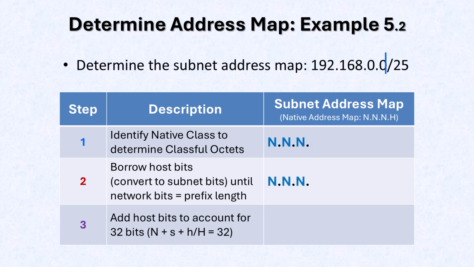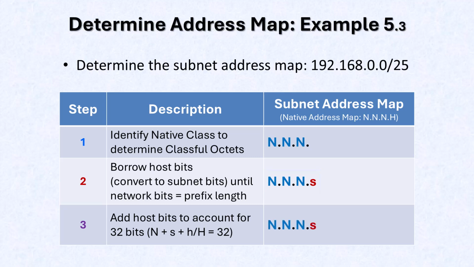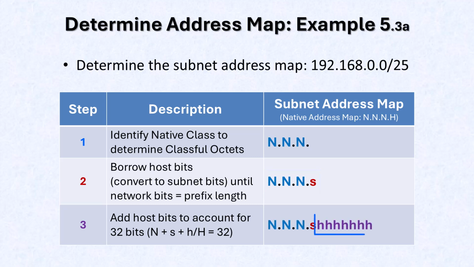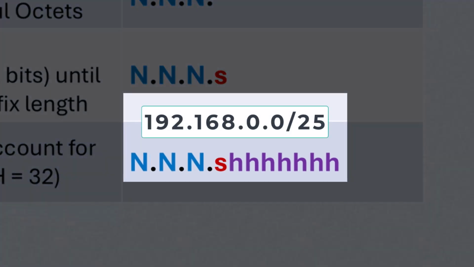In step 2, since the prefix length is 25, we borrow 1 bit. This gives us a total of 25 network bits. In step 3, we add 7 host bits to account for a total of 32 bits. This is the subnet address map for the given address.